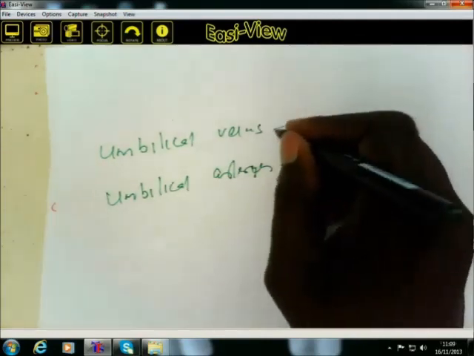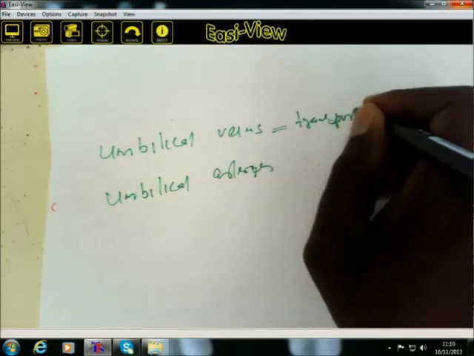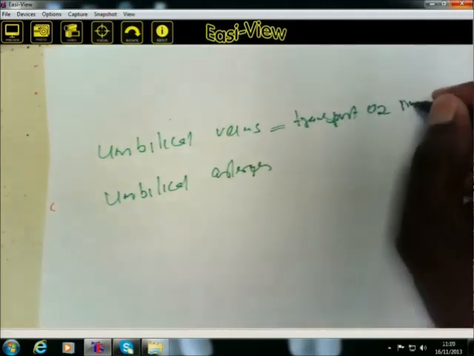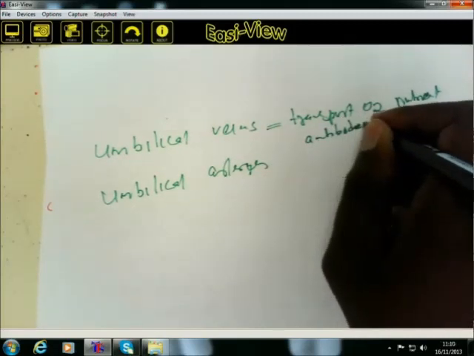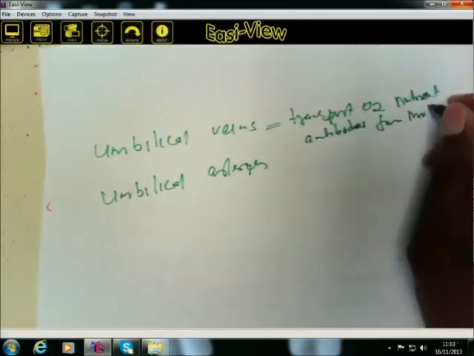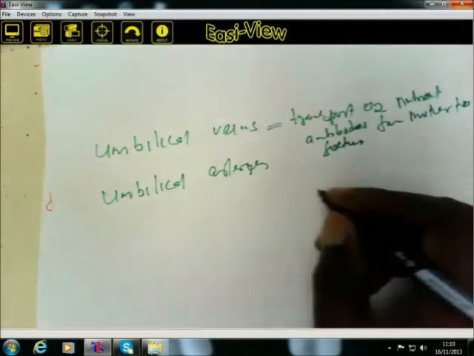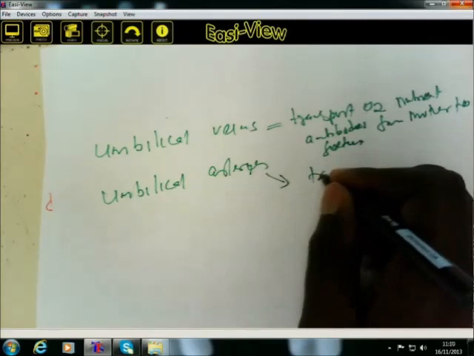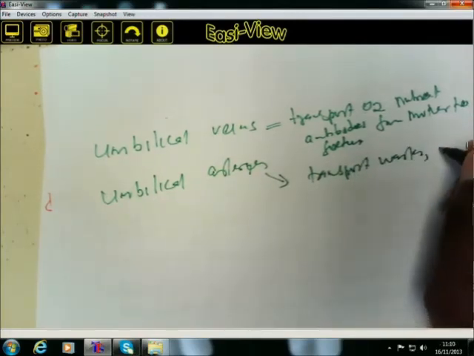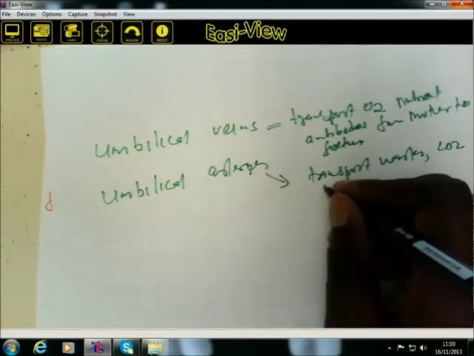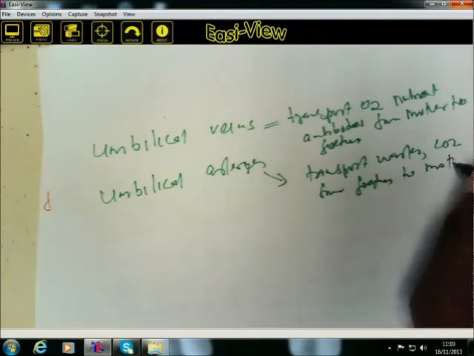The umbilical vein transports oxygen, nutrients, and antibodies from the mother to the fetus. The arteries transport waste and carbon dioxide from the fetus to the mother.